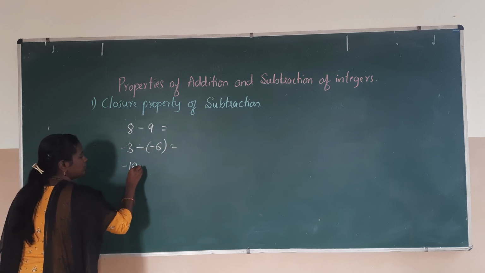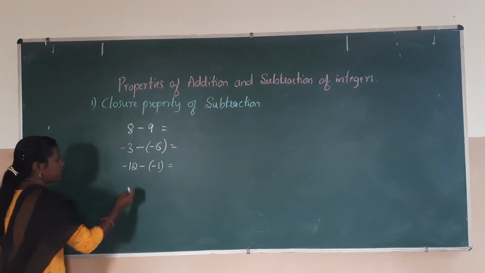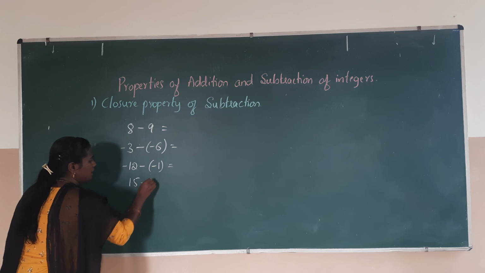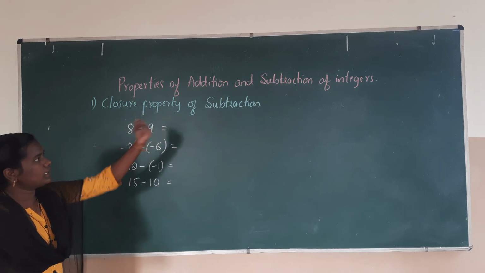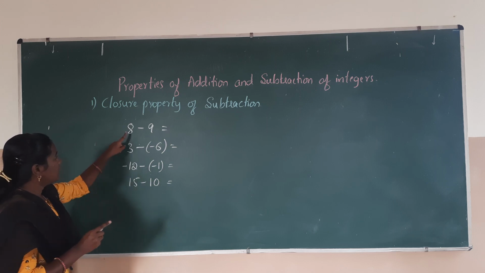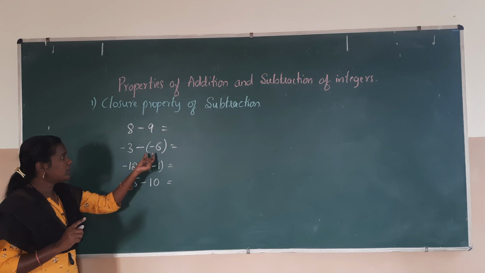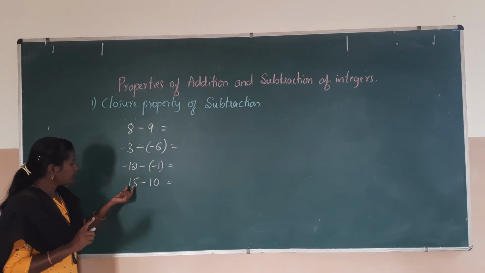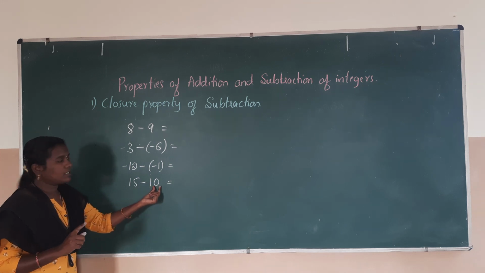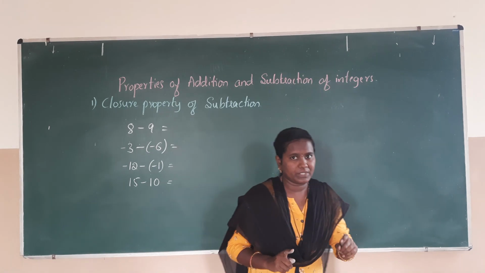Minus 12 minus of minus 1. Yes. We'll take 15 minus 10. If you observe, here we are considering only the subtraction. 8 is an integer, 9 is an integer, minus 3 is an integer, minus 6 is an integer, minus 12, minus 1, 15, 10. Here we are taking the difference of two integers, isn't it?